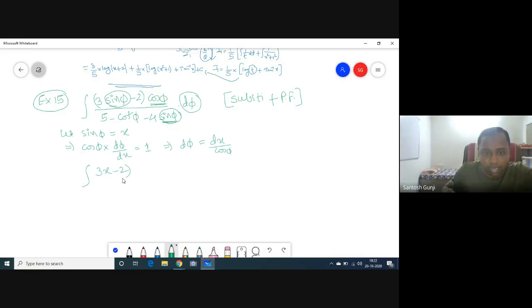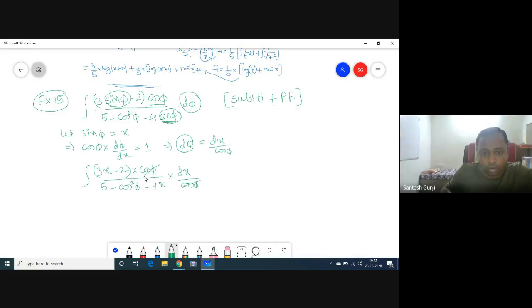So 3x minus 2 into cos phi upon 5 minus cos square phi minus 4x, into d phi value, which is dx upon cos phi.